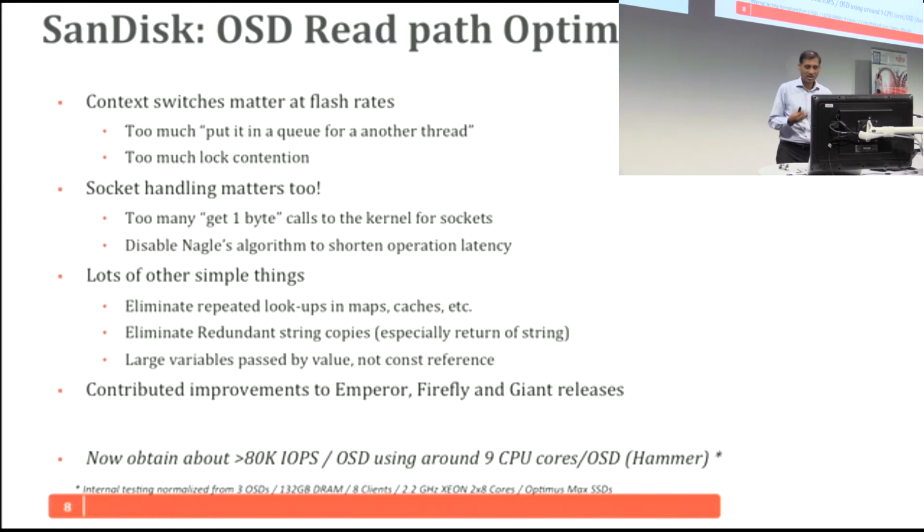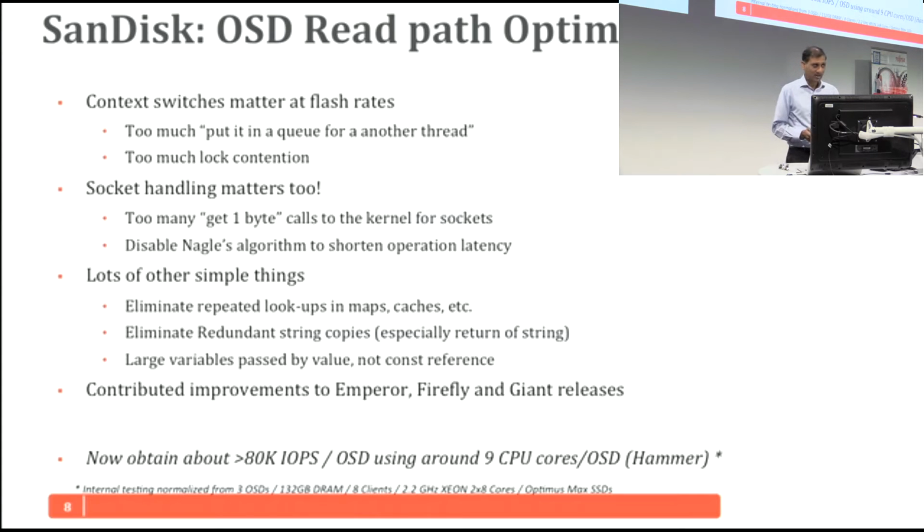So we did a lot of queuing optimization, and we removed a lot of lock contentions. We made the locking more granular, so you can speed up a lot of these things. Doing a lot of lock optimization and queuing optimization really made a lot of difference within Ceph.